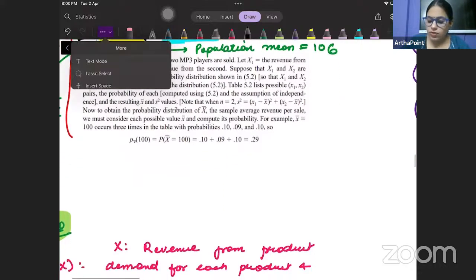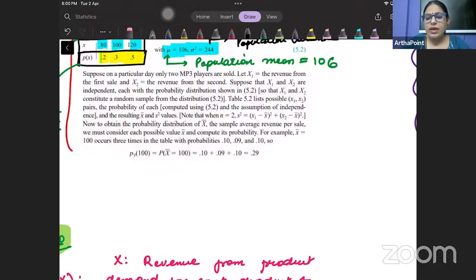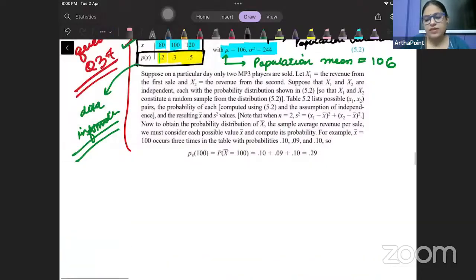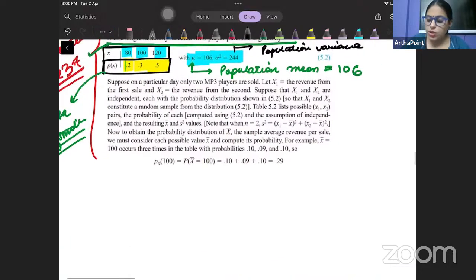Before I go further into the question, एक बारी हम देख लेते हैं how these values are actually derived. इन values को कैसे derive किया गया है, we need to understand that also. So बेटा population mean को निकालने के लिए it is nothing but the expected value of this x. So how can I find the expected value of x?